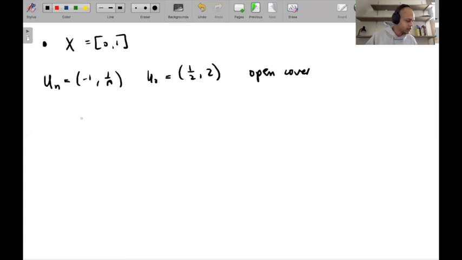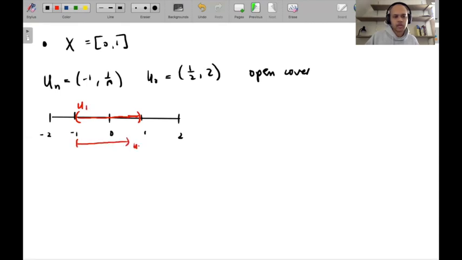So we have this picture. U_1 is like this, and then we have U_2, which goes up to 1/2, and so on. These don't quite cover the closed interval, but if we include U_0, then these cover.